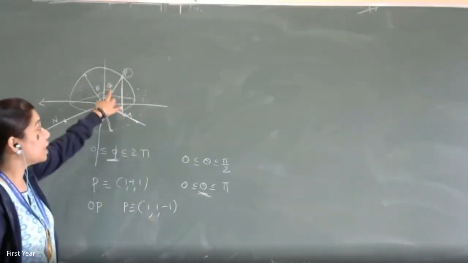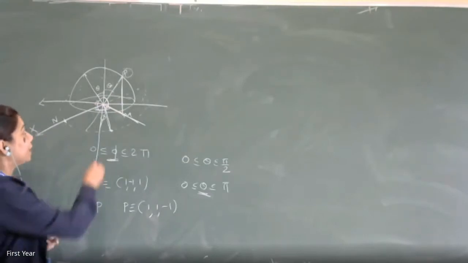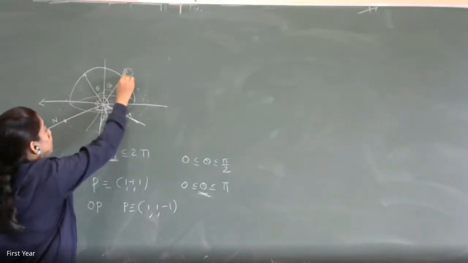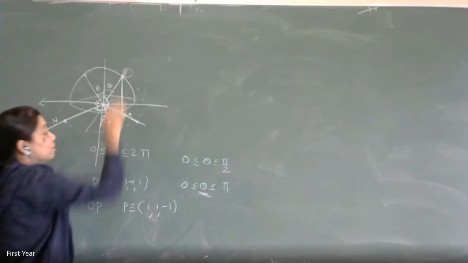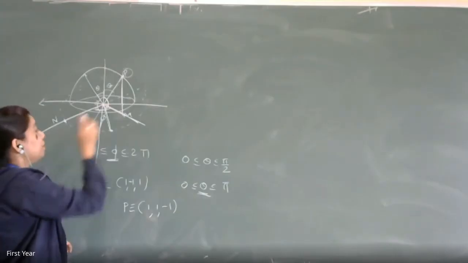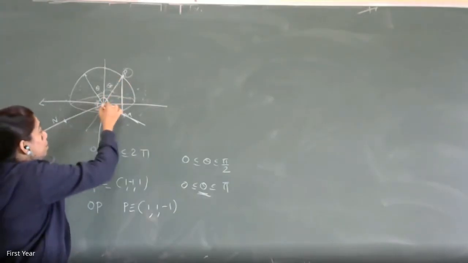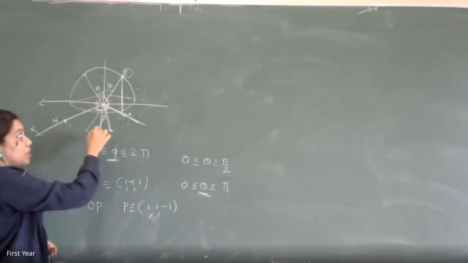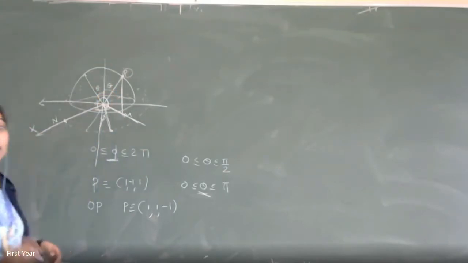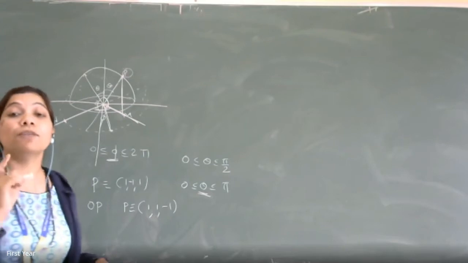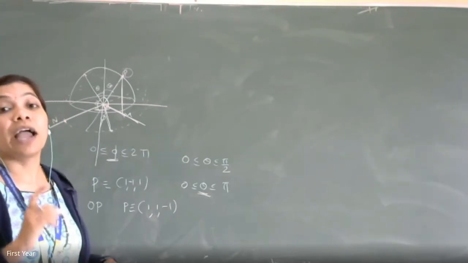But what about theta? If I think about any point P lying in three dimensions, then OP makes some angle with the positive z axis. So theta is the angle made by line OP with the positive z axis, and that should be minimum.